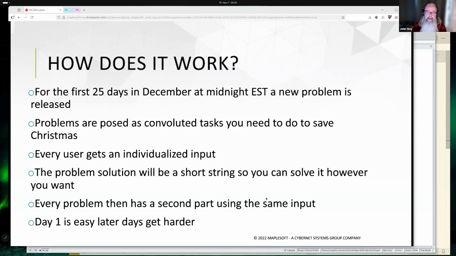After you've solved the first part, you'll get a second piece of the puzzle to solve. So every day there's two parts to the same puzzle using the same input. Day one usually starts easy, and then somewhere in the middle, usually day 17 to 21 are incredibly difficult, and then day 25 is usually a gimme.